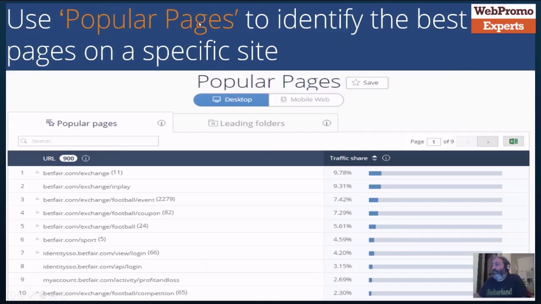You could plug the site in, and we'll show you which pages in that site are getting the most traffic. If you're going to get a link or buy traffic from a site, it would make sense for it to be relevant, and you want your link or your ad on the pages that are getting the most traffic. It'll help you in terms of SEO.